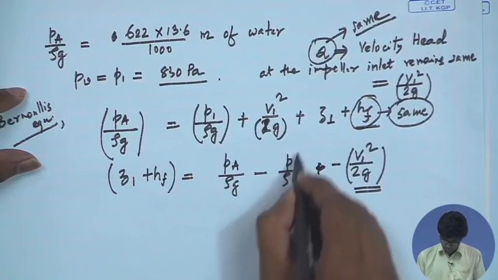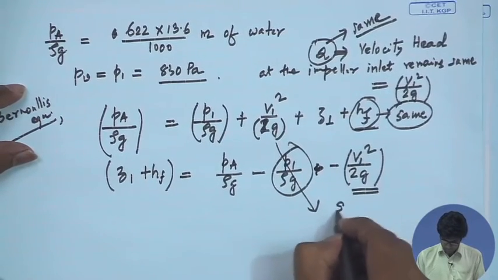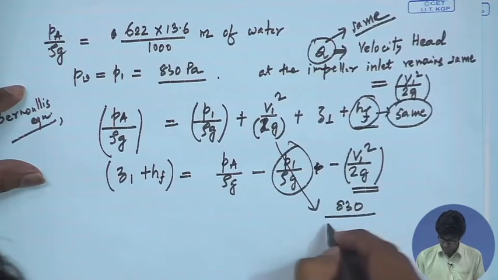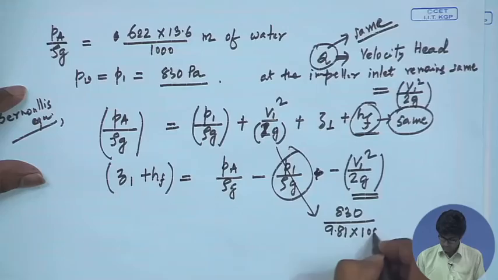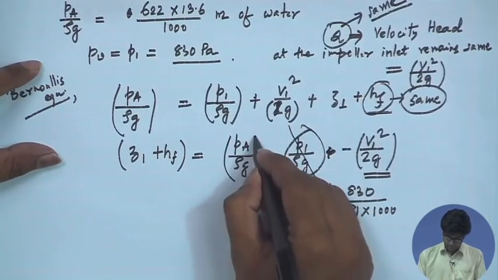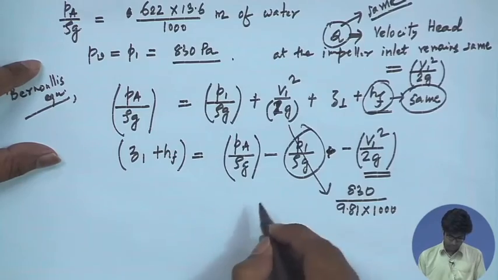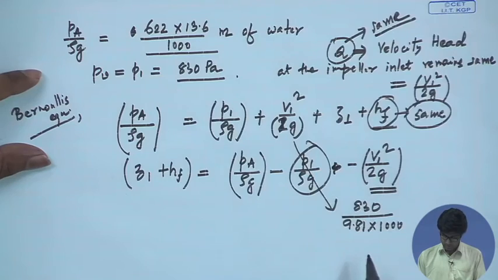This is 830 divided by 9.81 into 1000, and this we have already found out, which is 622 into 13.6 by 1000.